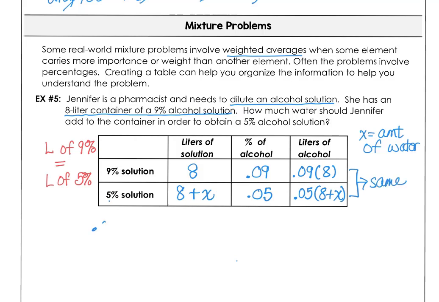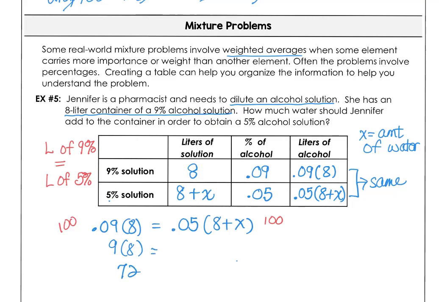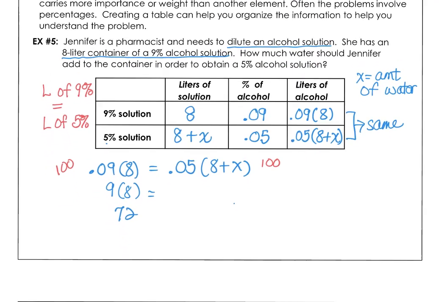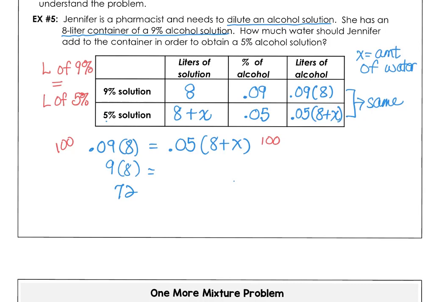So if she has 0.09 times 8 and 0.05 times 8 plus X, let's first multiply through by 100, and that will change the decimals to be 9 times 8. So we'll get 72 here. And on the right side, that 5% is going to turn out to be a 5 times 8 plus X. So we'll distribute and get 40 plus 5X.